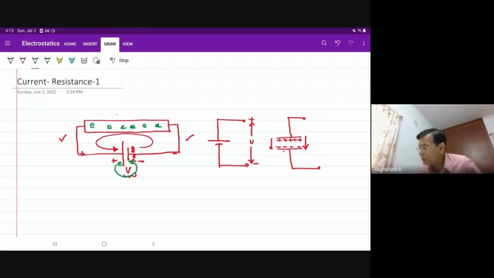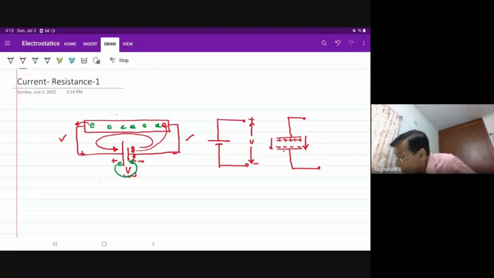And whenever an electron comes and enters here, whatever electron is at this end goes out, keeping the number of electrons inside the conductor fixed. It has to continuously circulate electrons to constitute the current in the circuit.